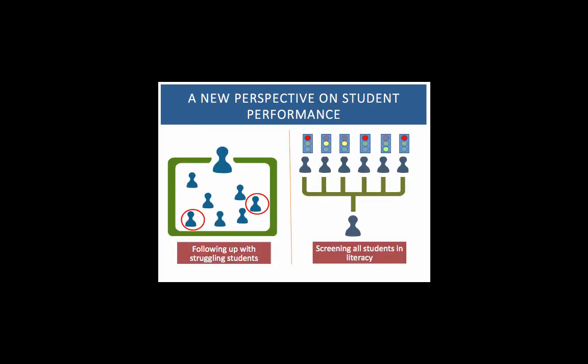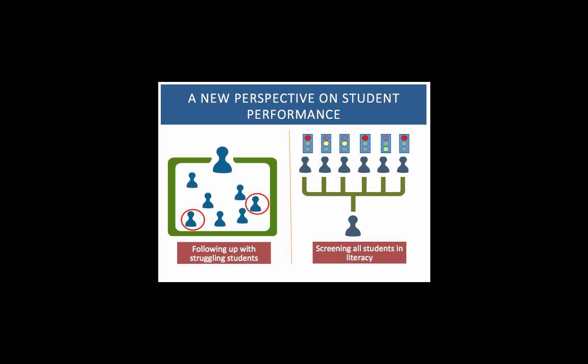This involves adopting a new perspective on student assessment. While in classrooms, we have traditionally followed the paradigm of following up with struggling students without screening all of the students in our population for difficulties, we advocate for a different approach, and that is to screen all students for literacy difficulties, therefore identifying those within the population who might have particular needs that are distinct from their peers.